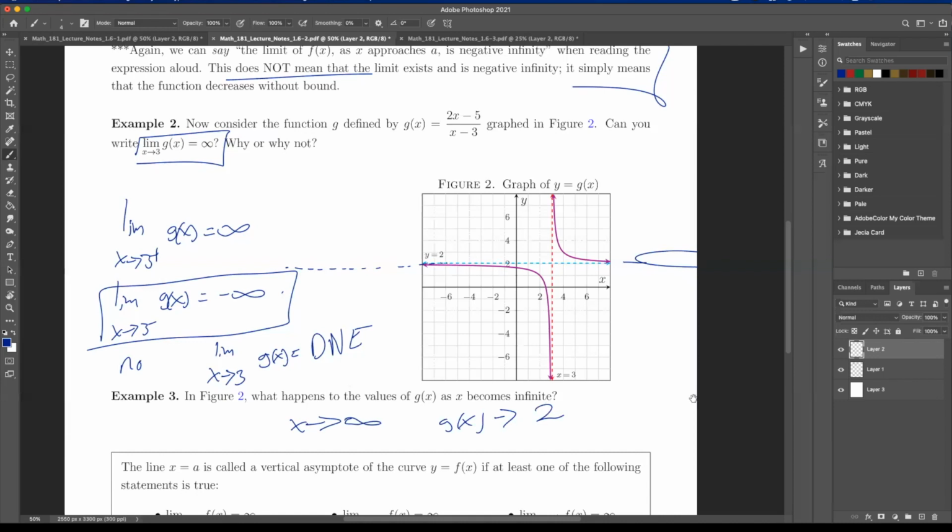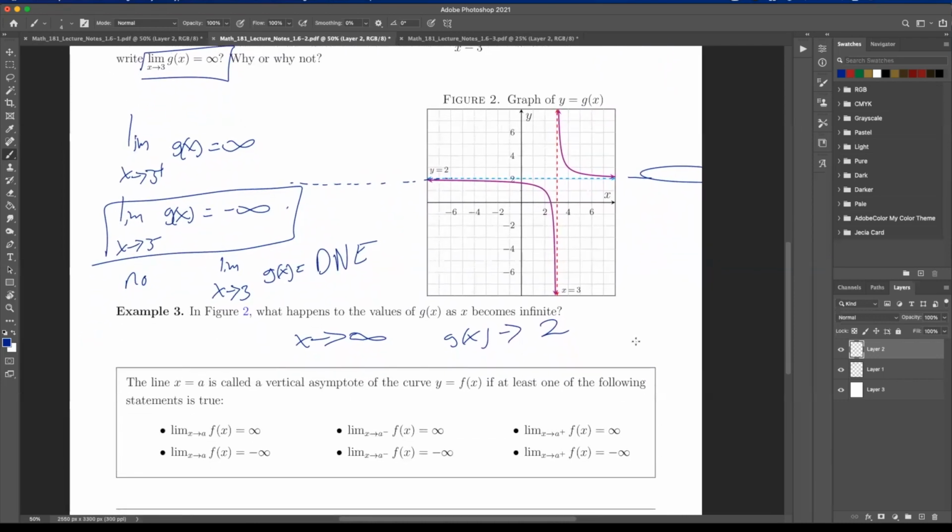And so we're still going to start labeling these things. So a line. We're going to start calling this right here, this dotted red line. In fact, I should write it in red since I have the ability to write colors. We're going to call this a vertical asymptote, right? Asymptote. Okay.